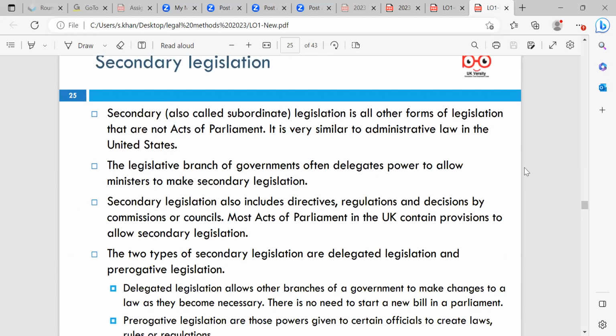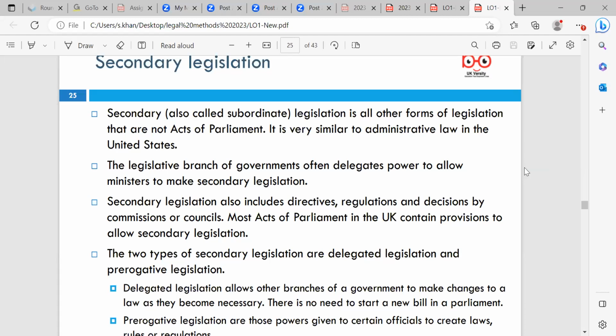Secondary legislation, also called subordinate legislation, is all other forms of legislation that are not acts of Parliament. It is very similar to administrative law in the United States. The legislative branch of government often delegates power to allow ministers to make secondary legislation. Secondary legislation also includes directives, regulations, and decisions by commissions or councils.